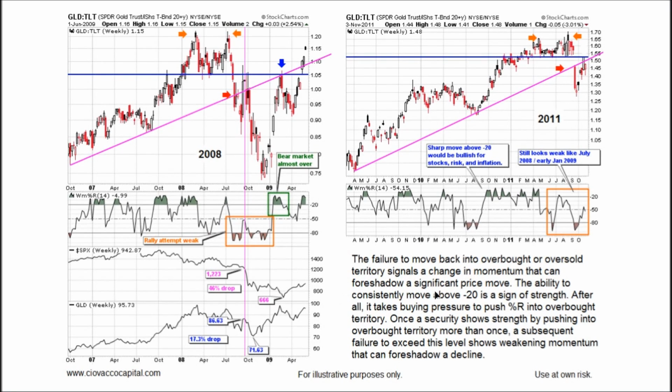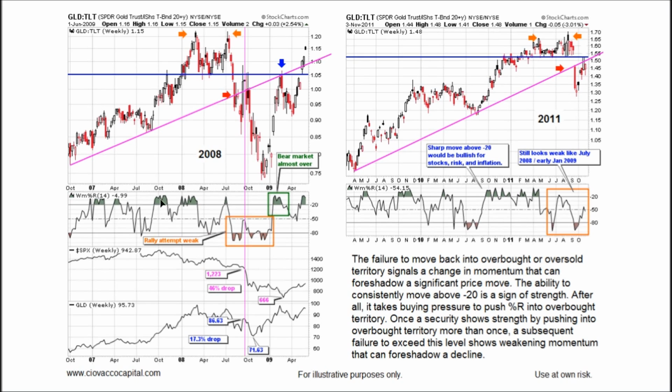The ability to consistently move above negative 20 is a sign of strength. After all, it takes buying pressure to push percent R into overbought territory. Once a security shows strength by pushing into overbought territory more than once, a subsequent failure to exceed this level shows weakening momentum that can foreshadow a decline.